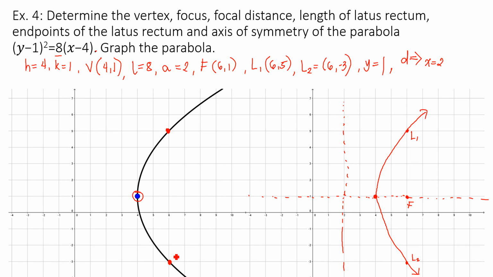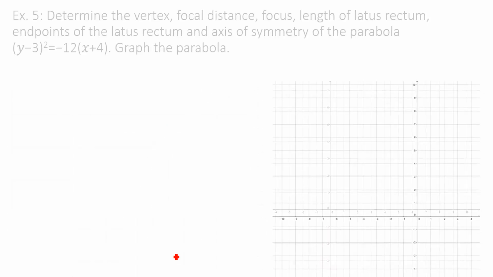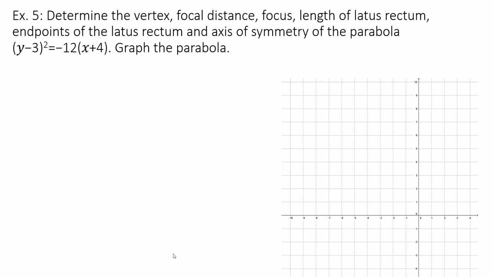Example number 5. For example number 5, we have here again the vertex, the focal distance, focus, length of latus rectum, endpoints of the latus rectum, and the axis of symmetry of the parabola. Again, we can identify the vertex here.